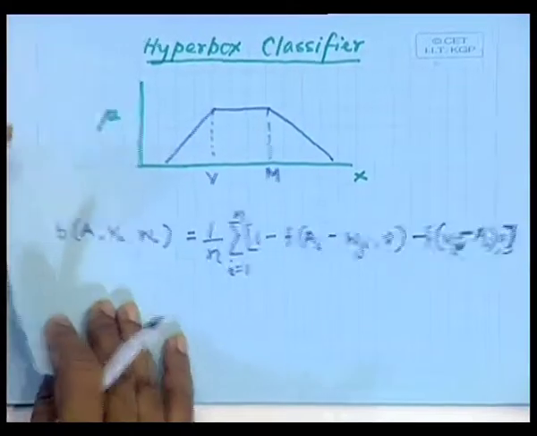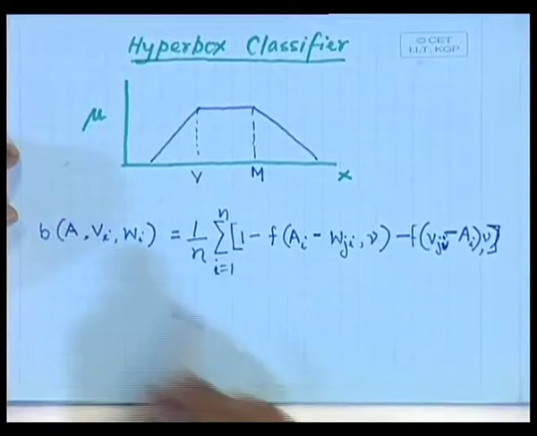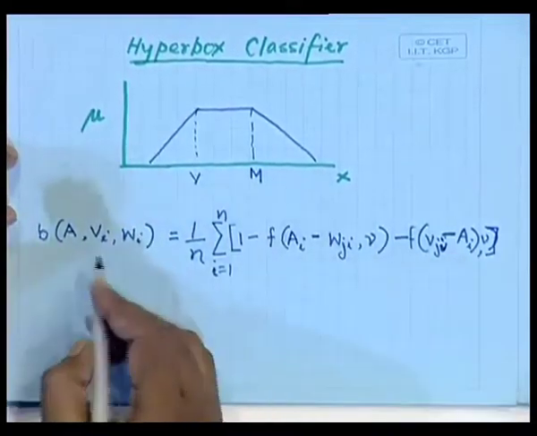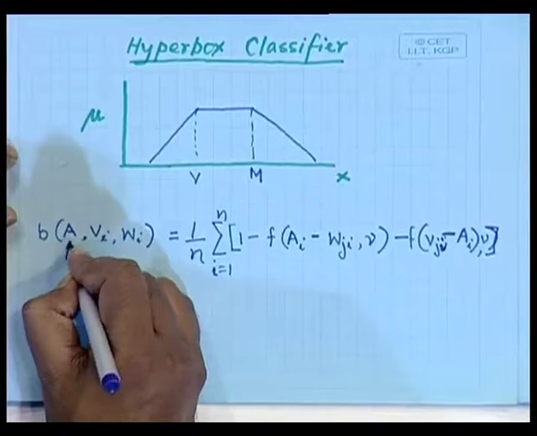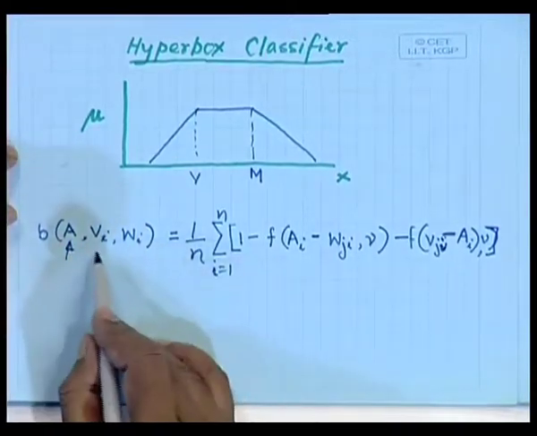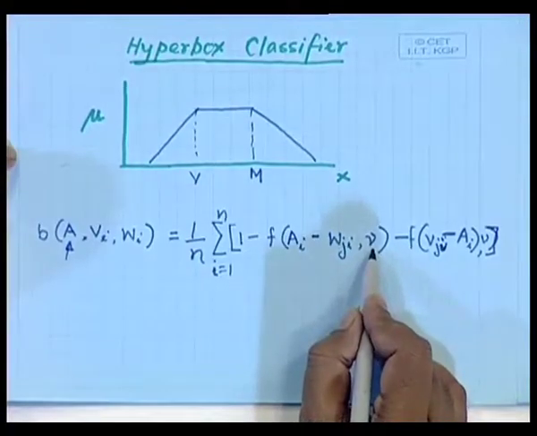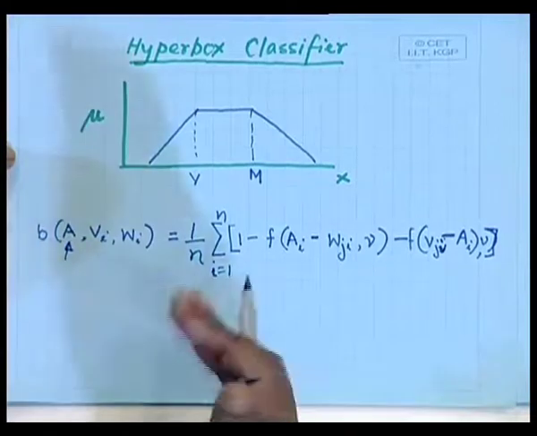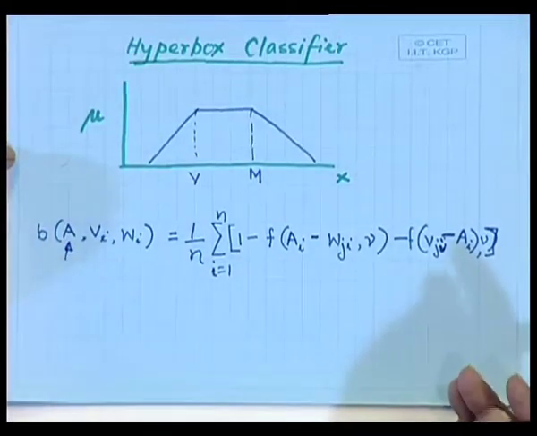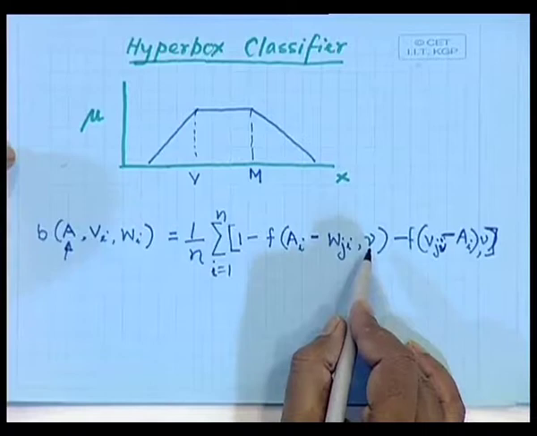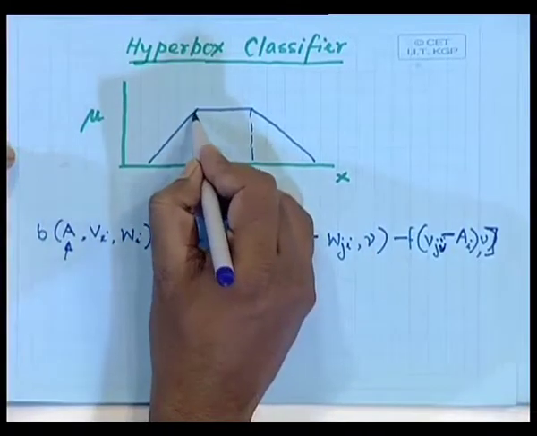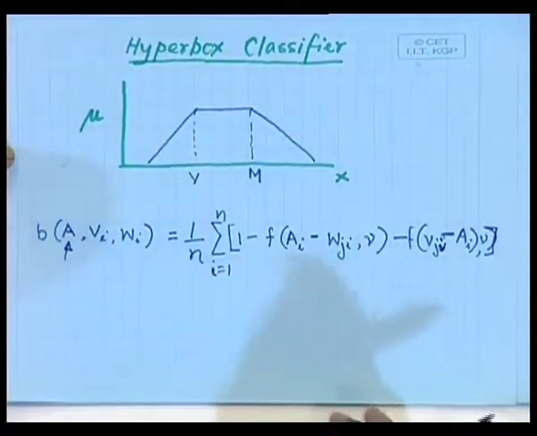So we can give an analytical expression of the fuzzy membership function like this, where A is the input sample vector, Vi represents the min point in the ith dimension, Wi represents the max point in the ith dimension, and gamma is a parameter which represents the degree of fuzziness. The slope of these lines depends upon the value of gamma.